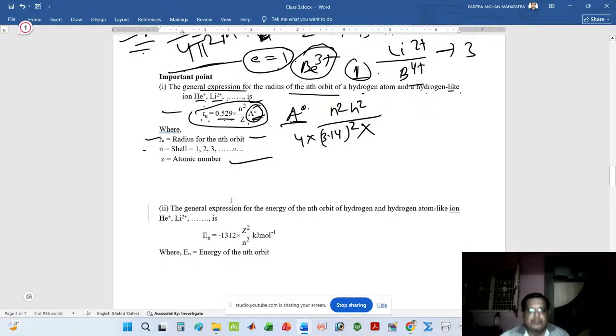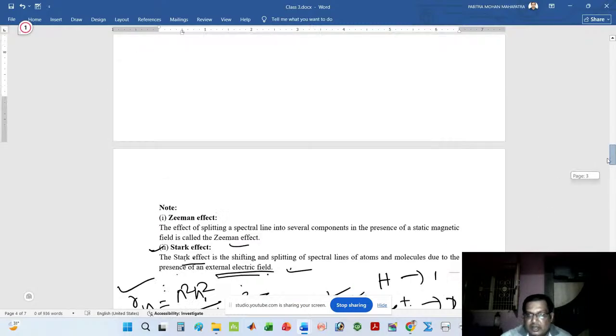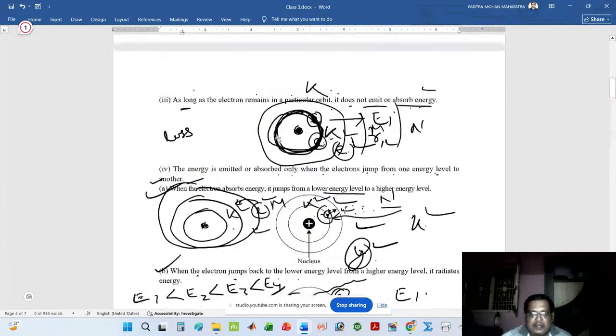Similarly, you can apply the general formula of energy En.